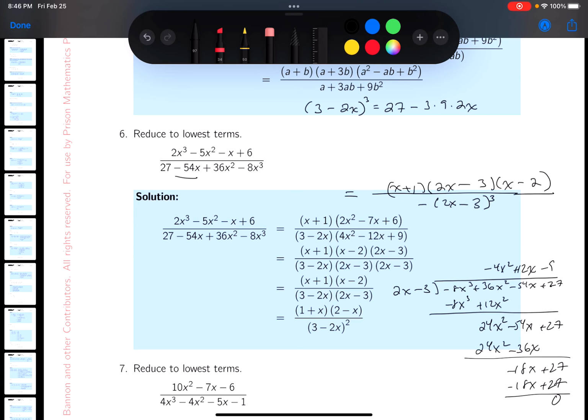That would give you minus 54x. Again, 3 times 9 is 27. 27 times 2 is 54. What do you get next? Plus 3 times 4x squared. What do you get? 36x squared. I'm seeing that. And last but not least, what do you get? Minus 8x cubed. All right?